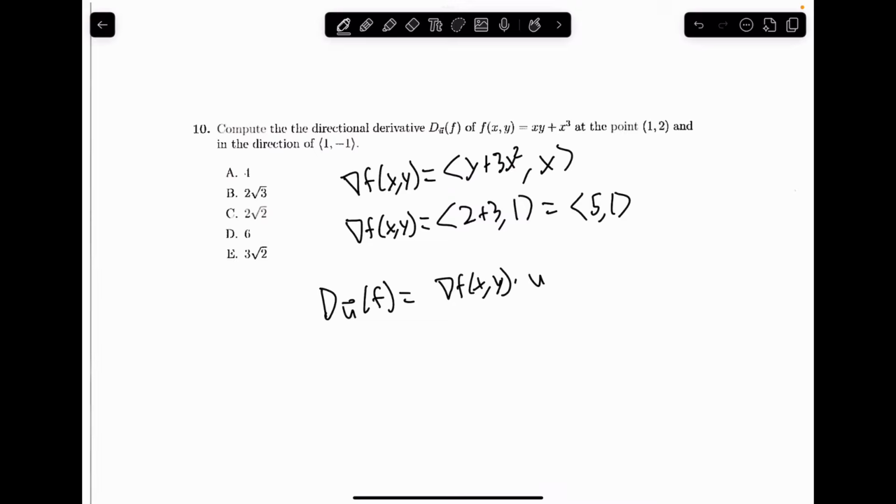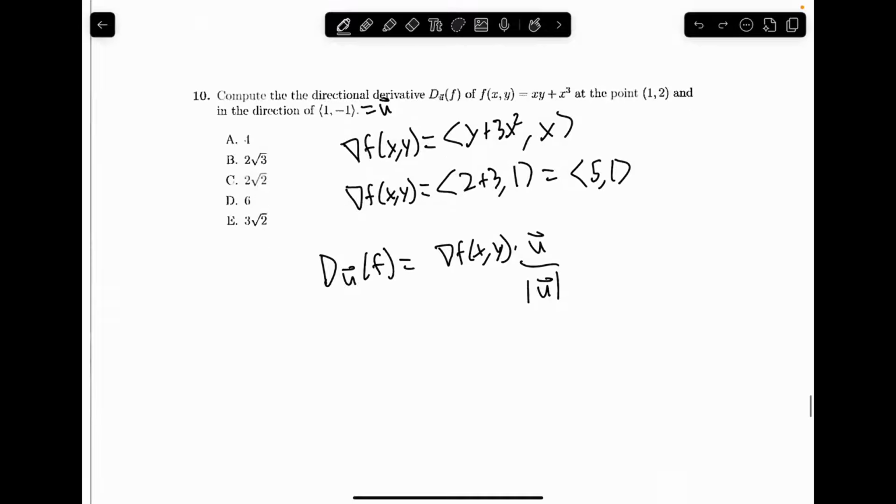So it's really going to be times that direction u, the u value given in the problem, all over the magnitude of u. The reason it needs to be a unit vector is because we just want to get the direction. We don't want to change what this vector actually is, because if we had not made it a unit vector, we'd be either scaling or shrinking that vector, which is not what we want to do.